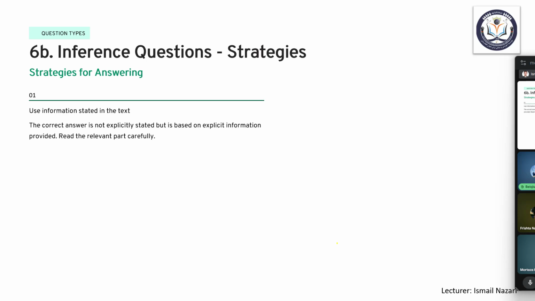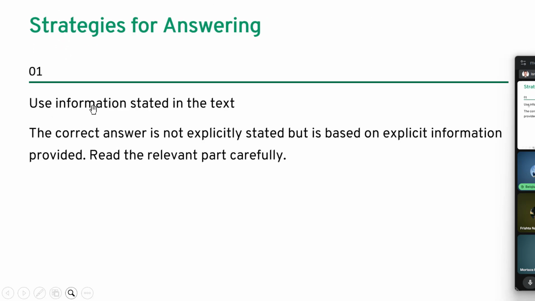The first strategy in order to answer this question is to use the information stated in the text. Always read the passage carefully, understand it, and then go ahead with the indirect meaning which is provided.